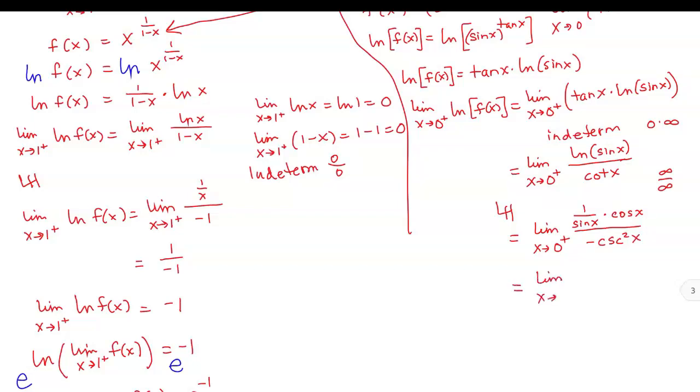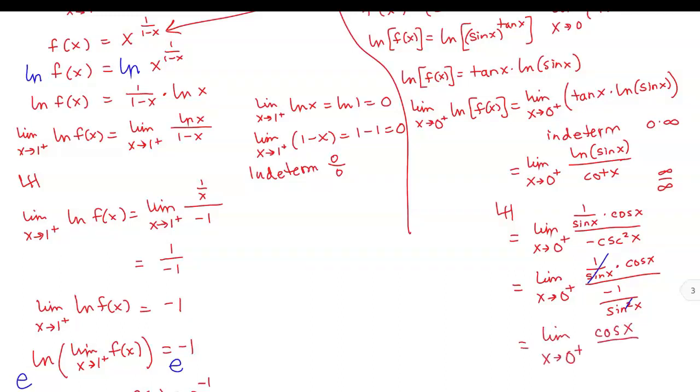We do have a sine in the bottom of the numerator, and we have 2 sines in the bottom of the denominator. So the 1 over sine in the numerator is going to cancel with one of these in the denominator. Now we have cosine in the numerator, and we have negative cosecant in the denominator.